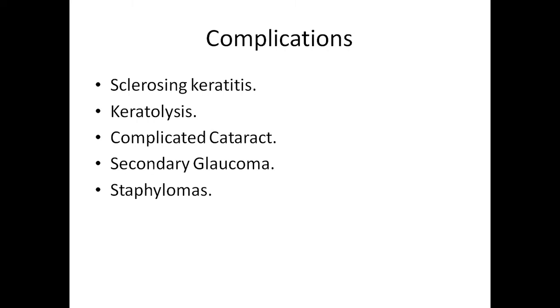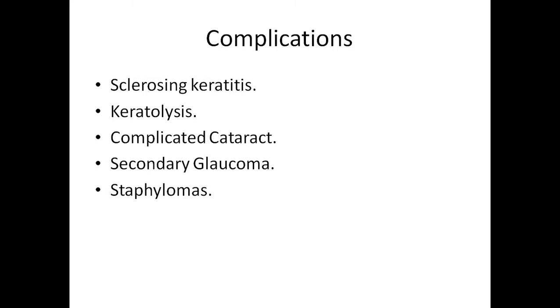Because of the disease and the use of the steroids, there will be keratolysis. Thinning of the cornea will be there, melting of the cornea. Complicated cataracts form because of repeated attacks of scleritis. As I told you, scleritis is associated with anterior uveitis, and anterior uveitis will lead to trabeculitis.